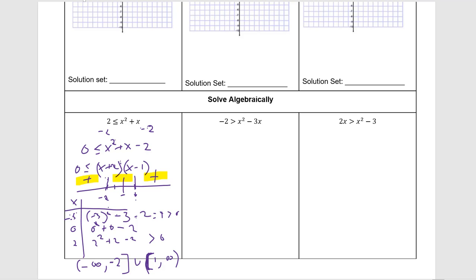So that's how you'll solve these algebraically. So remember to get 0 on one side, factor it, use those as your critical points. It was less than or equal to, so these are solid circles, which means they're included. And then test each range to determine your solution.